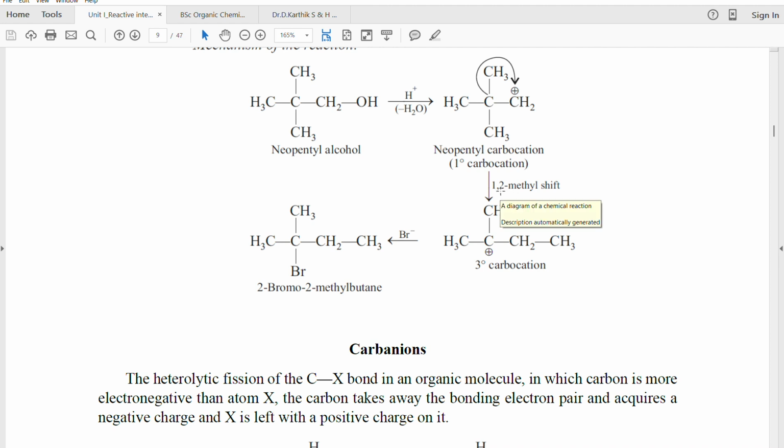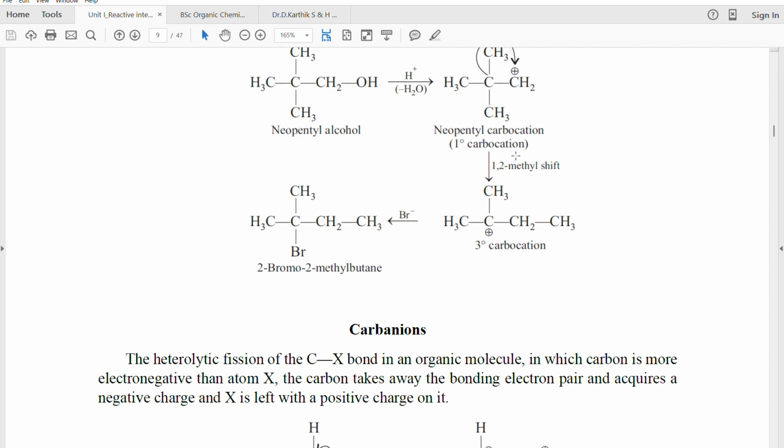It is called a methyl shift because the group shifting is the methyl group, right. If any other group shifts, that is different. For example, if there is a phenyl group here, that will be a 1,2 phenyl shift, depending on the groups. So here it is a 1,2 methyl shift.